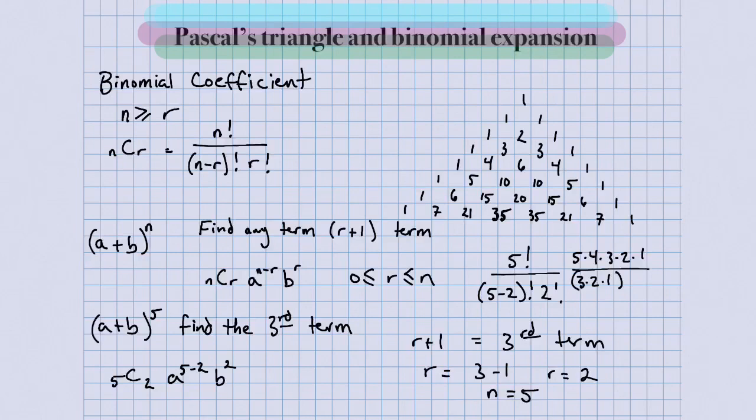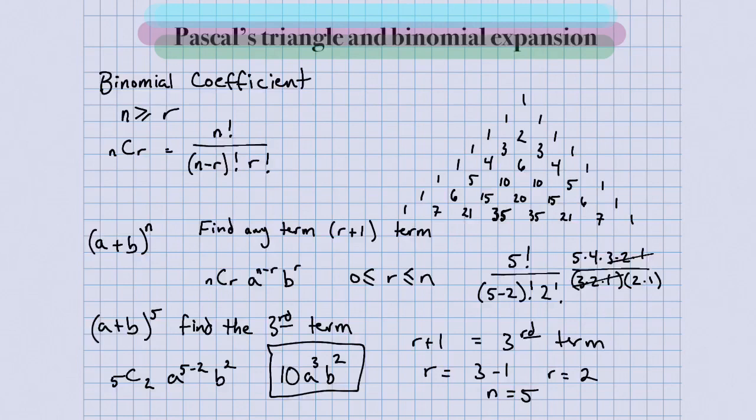And then 2 factorial is just 2 times 1. So these cancel out. What we're left with is 5 times 4 over 2 times 1. So that's 20 over 2, which is 10. So we know our coefficient is 10. Then we simply say a to the 5 minus 2 is a cubed, b squared. So there is the third term.